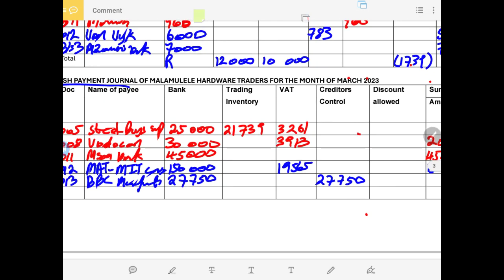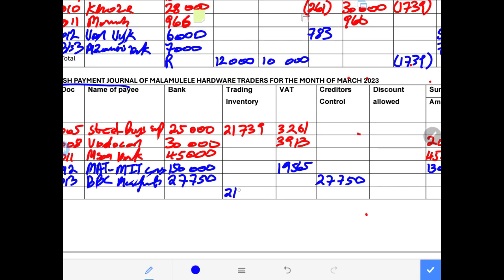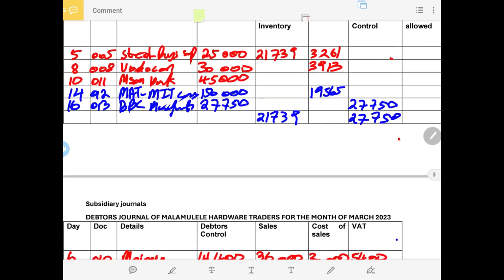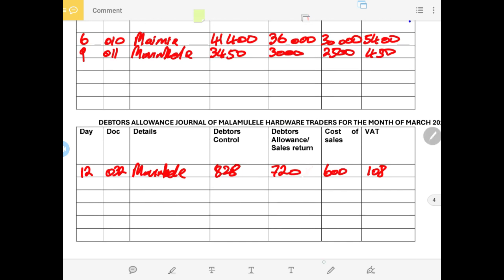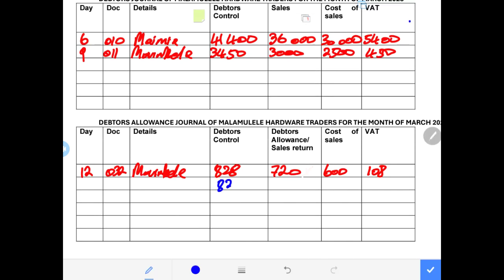Write all of them. There are marks for the totals sometimes, 27,750, but it's also important to finish everything. I will not be doing all of them, only the ones that are single amounts. This is something that you can easily do. 600, 108, and this is your total column or total row.